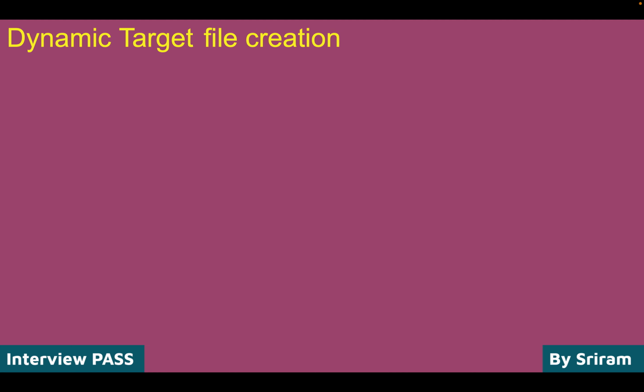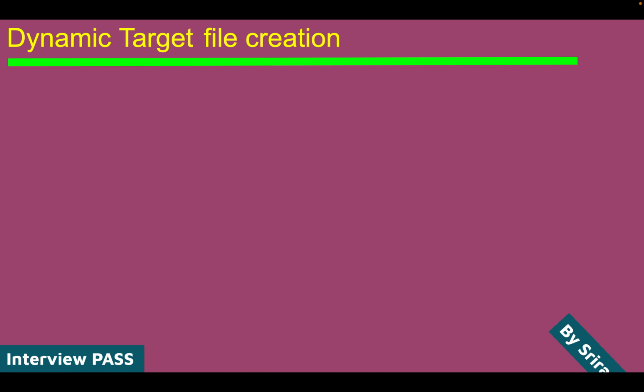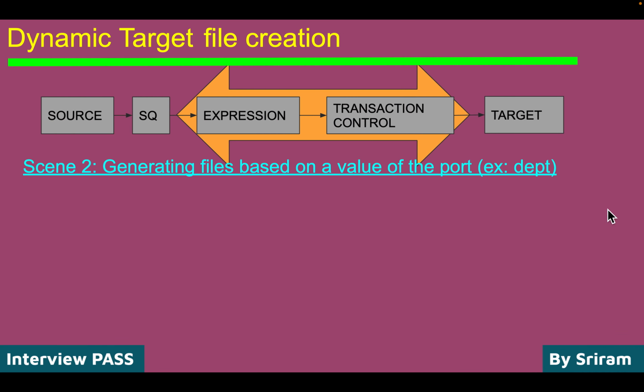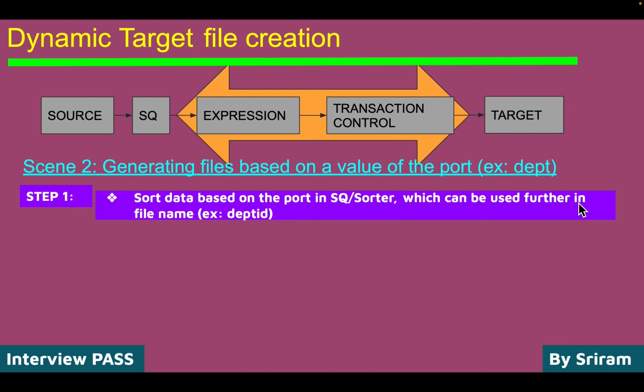Let us see the other scenario that we are discussing here for dynamic target file creation. I need transaction control here. Please observe that. In scenario 2, we're talking about generating files based on the value of a port. It may be department name, city name, state name, different trade name, or whatever name you want to mention.